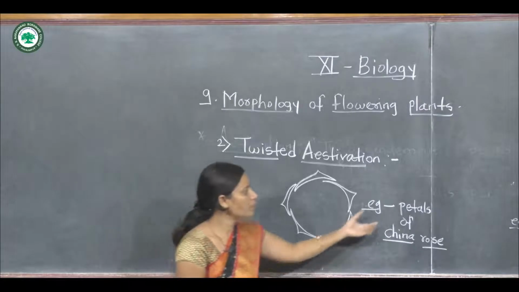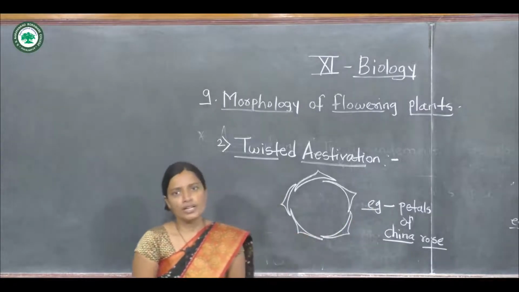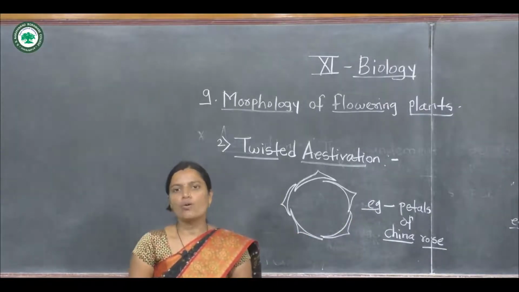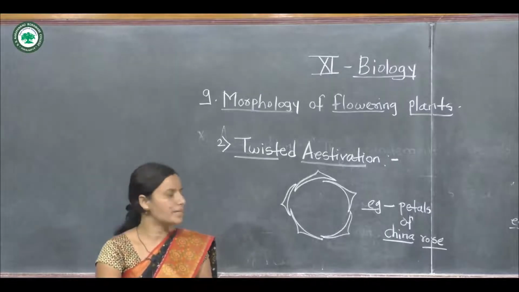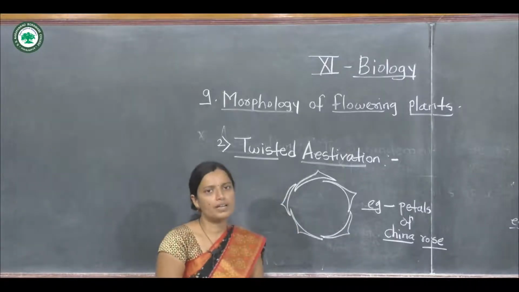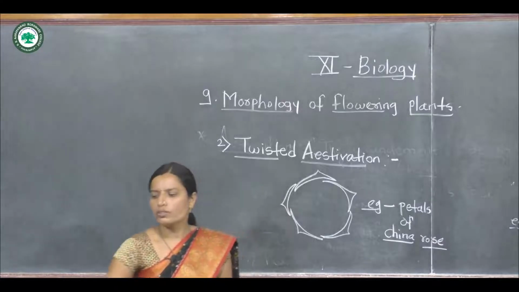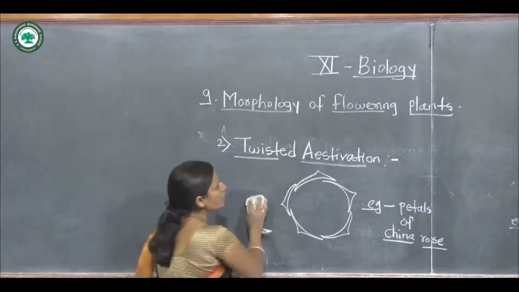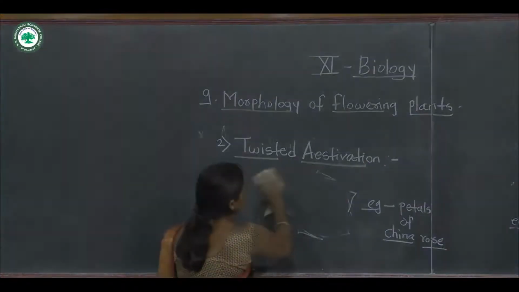For example, the petals of China rose, and also cotton plants, are examples of the twisted type of estivation. Now the third type of estivation is imbricate estivation.